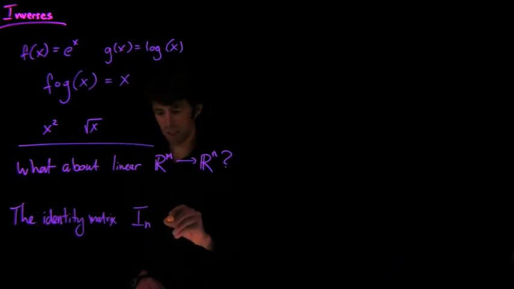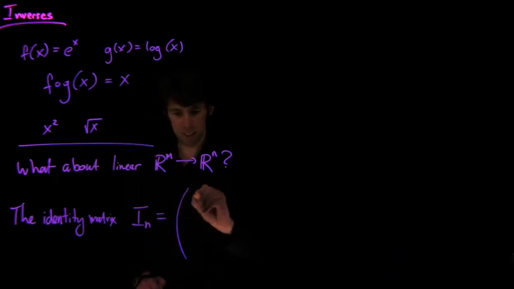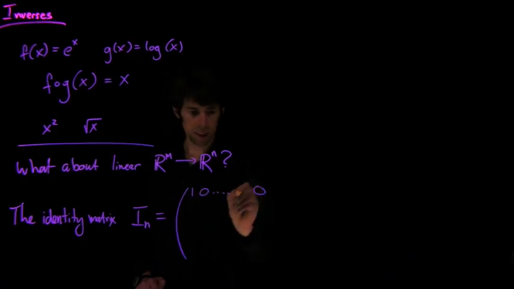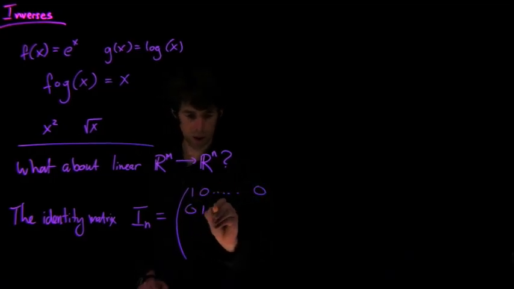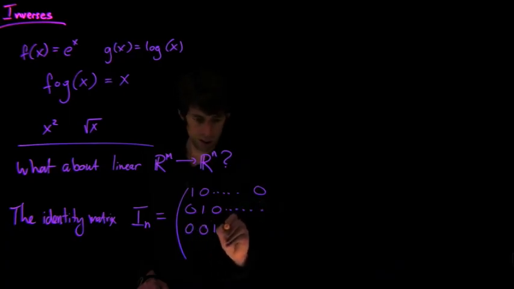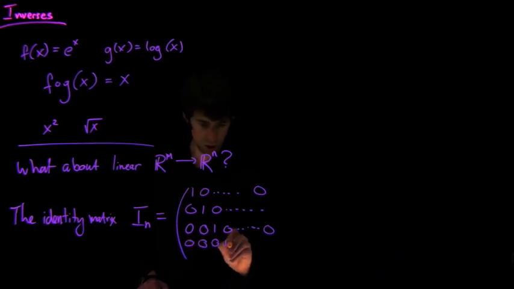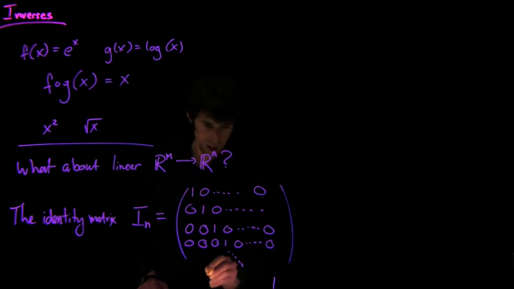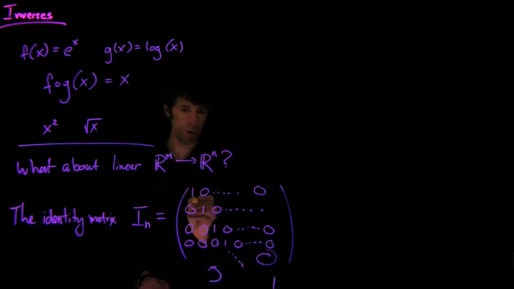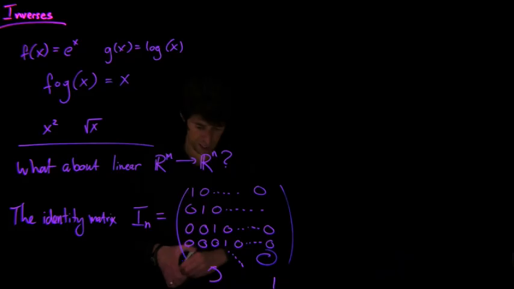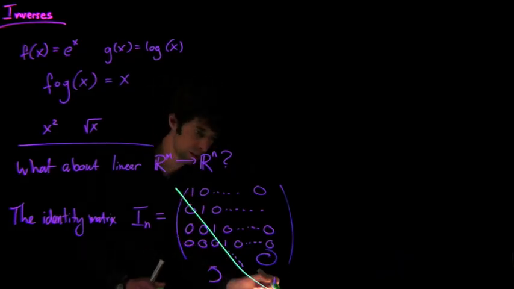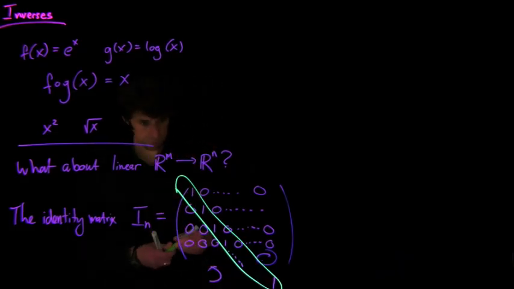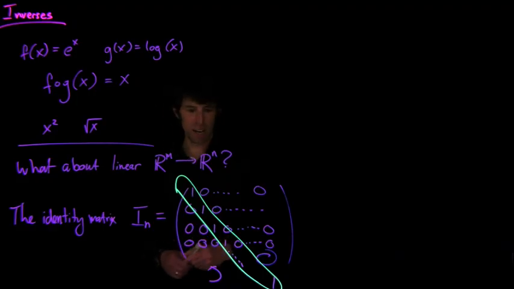Sometimes people use other notation for this, but this is the matrix that's 1, and then a lot of zeros, 0, 1, and then a lot of zeros, 0, 0, 1, and then a lot of zeros, 0, 0, 0, 1, and then a lot of zeros. So it's 0 everywhere except down the diagonal where we have 1s. So this is what we call the n by n identity matrix.